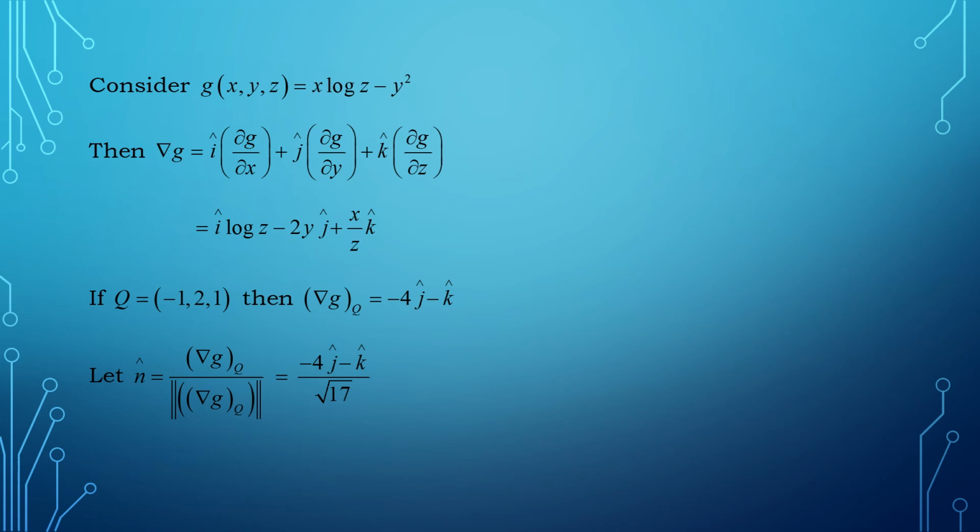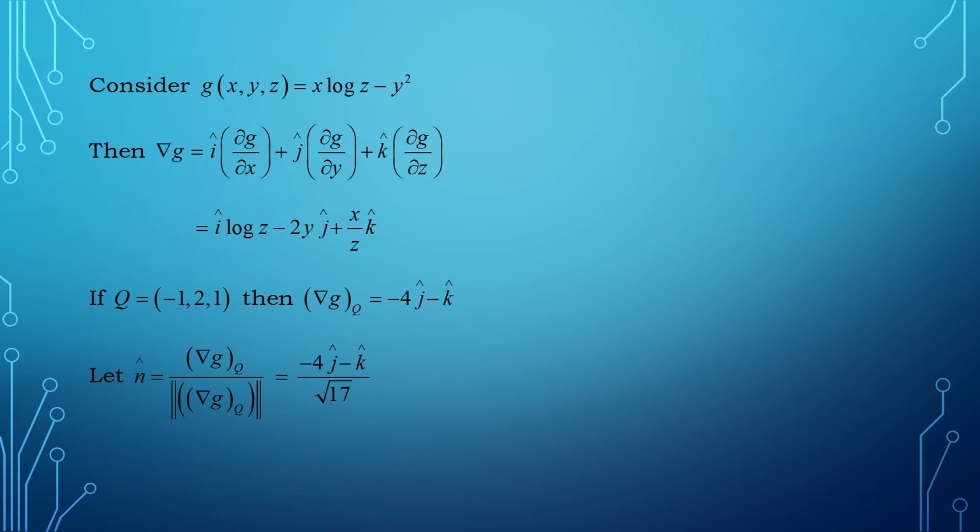So, we want the unit vector to find the directional derivative of the given surface. For that, we need to find a normal to another surface g of x, y, z at another point, say Q. Consider that the second surface g of x, y, z equals x log z minus y squared.